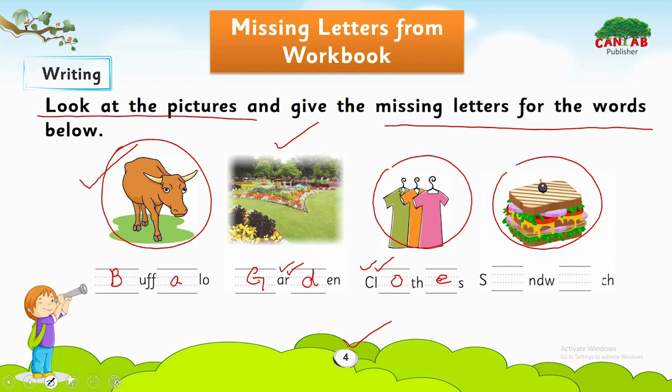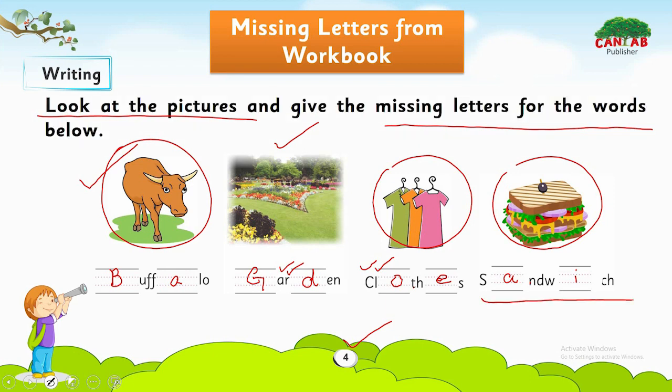This is a sandwich. So you have to fill up the missing letters. That is S, then A, then N, D, W, I, C and H. So what is it? That is a sandwich.